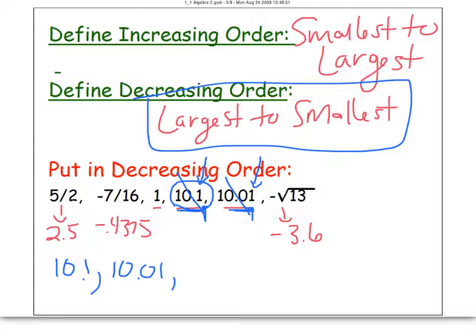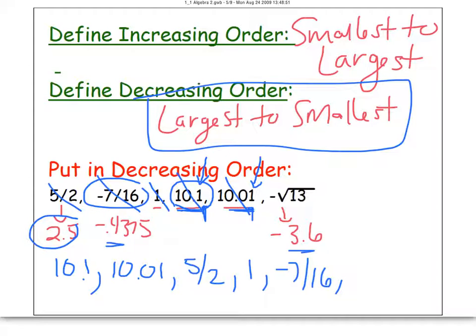Cross that out. The next largest number looks like it's going to be 2.5, which was originally 5/2. So I'm going to write that next. Then it looks like 1 is the next one. And then the next largest, if you think of it in terms of temperature, negative 0.4 is warmer than negative 3.6, so this negative 7/16 is the next largest.